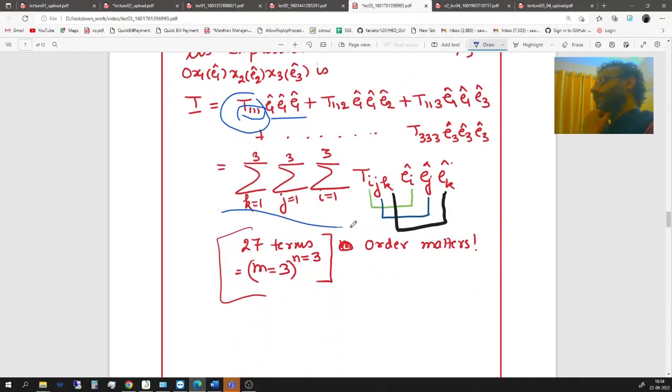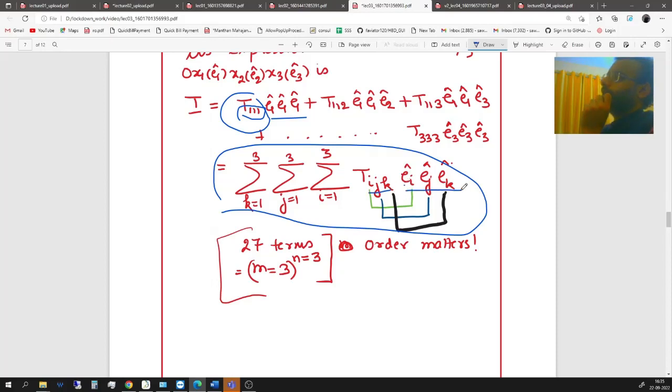Again, using the sigma notation, it can be written in this manner, what I have shown here. And you have to be careful that when you write this as summation over i, j and k, and you write T_ijk, that order has to follow the order in which the unit vectors are also appearing.